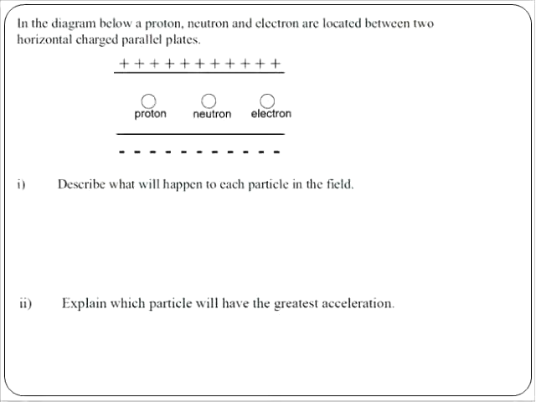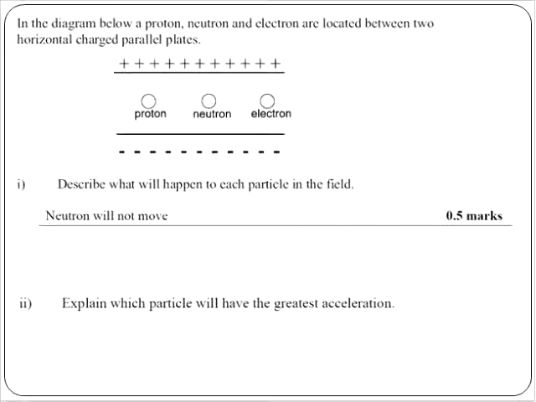Well, it's not that difficult. Let's look at the neutron first. The neutron won't move. Now, you might say, that's odd. I thought you said that neutral objects are attracted to charged objects. Yes, we did say that, but we said it was because of a temporary redistribution of charge.